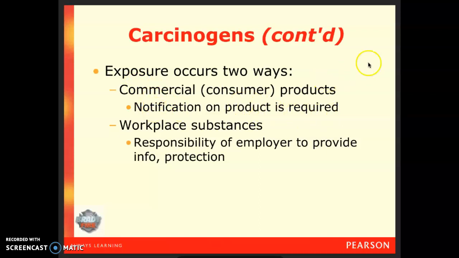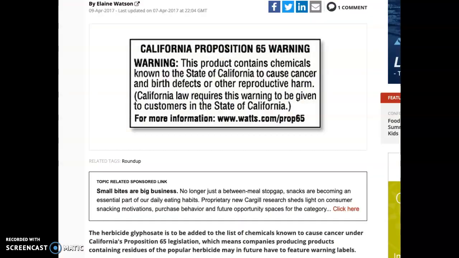You're probably familiar with this warning, the Prop 65 warning, which is a California resolution that says that all substances that are sold in California and have links to cancer, birth defects, or other reproductive harm, all of those have to be labeled with this warning.